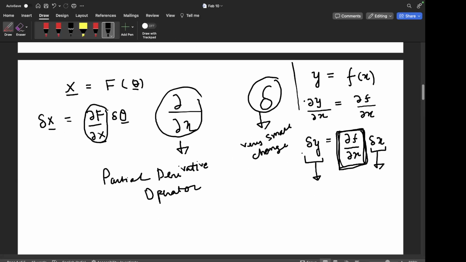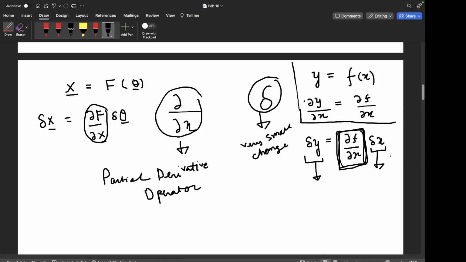Sure. I was giving a general example, right? We can find the rate of how much y changes if I change x. Let's say y and x are related by the function f(x). If I change x by a little bit, how much y changes is found by the partial derivative of f with respect to x.